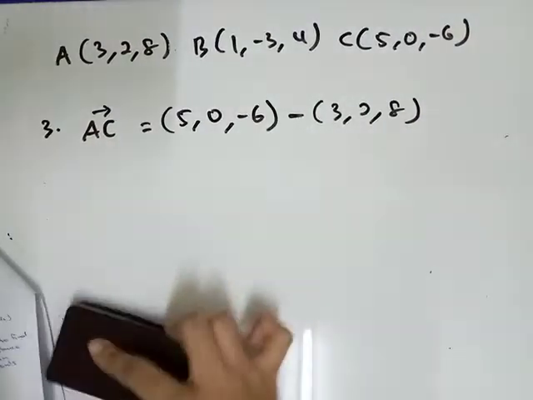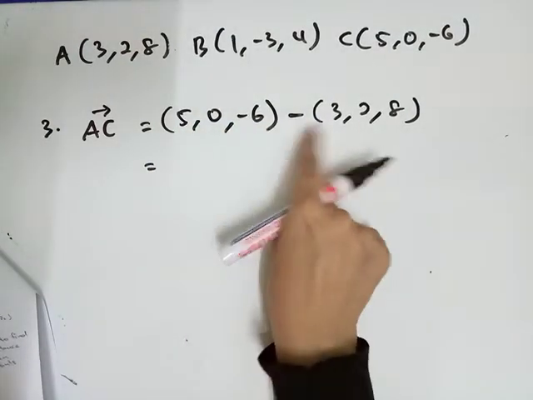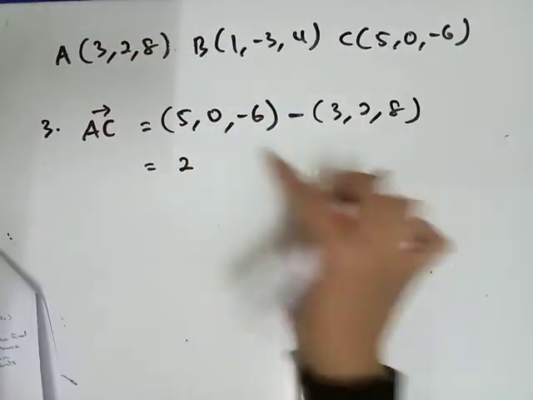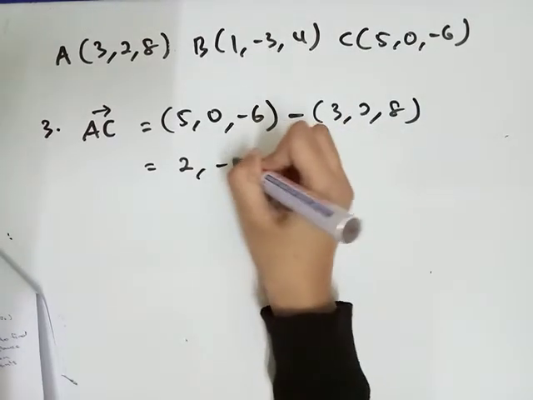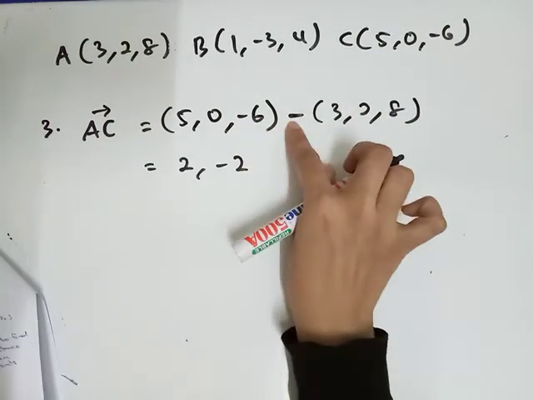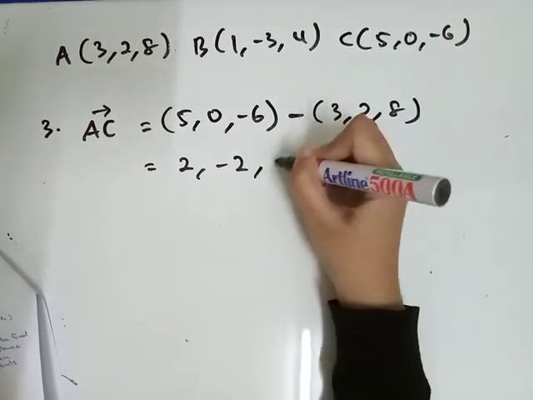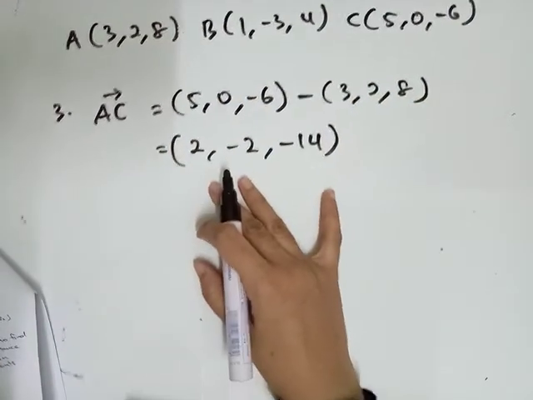And then calculate. 5 minus 3, we get 2. 0 minus 2, we get negative 2. Negative 6 minus 8, we get negative 14. So this is the vector for AC.